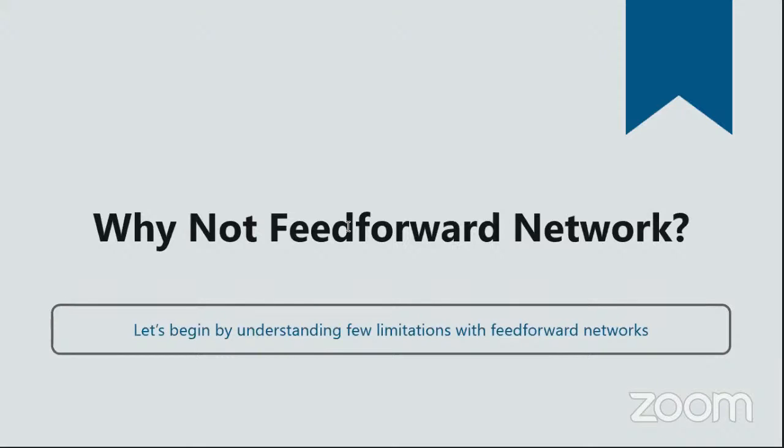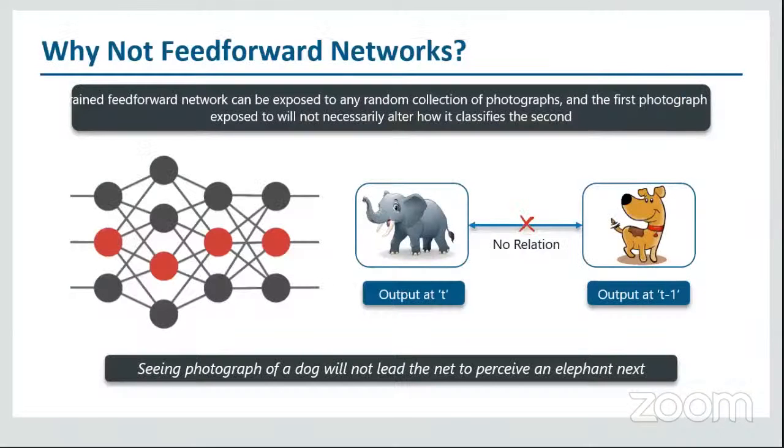First and foremost, in ANN we saw the feed forward network, but we will also now see what the limitations of the feed forward network are. Our trained feed forward network can be exposed to any random collection of photos, and the first photo it is exposed to will not necessarily alter how it classifies the second.